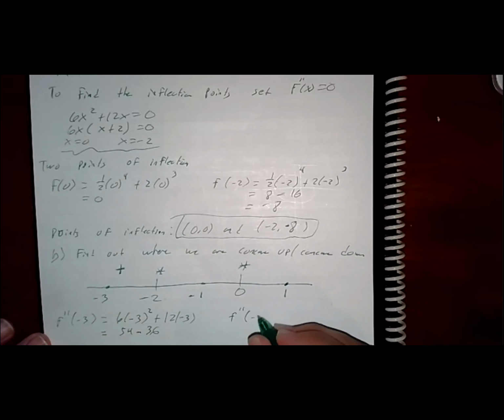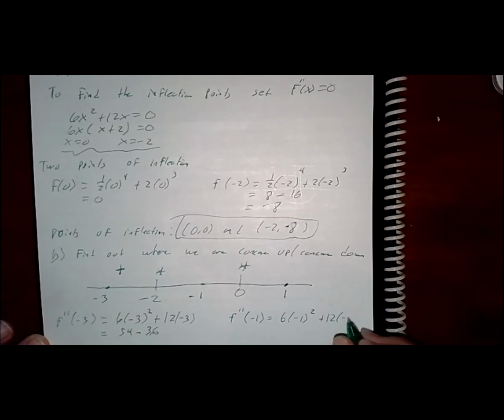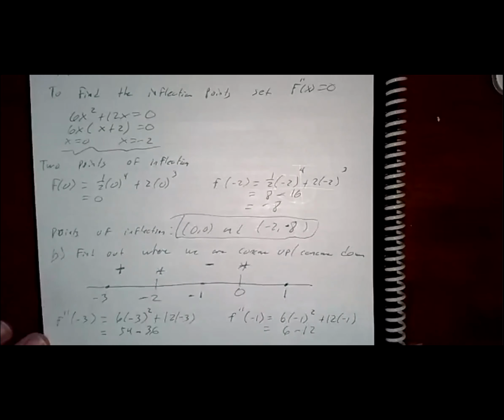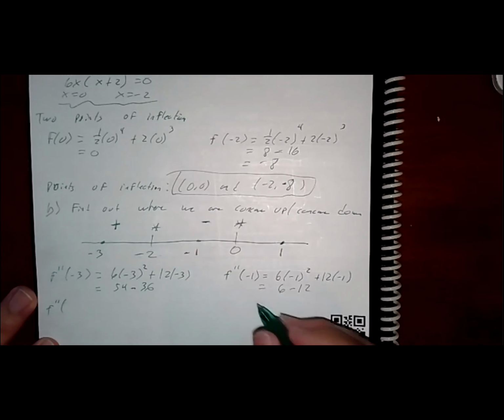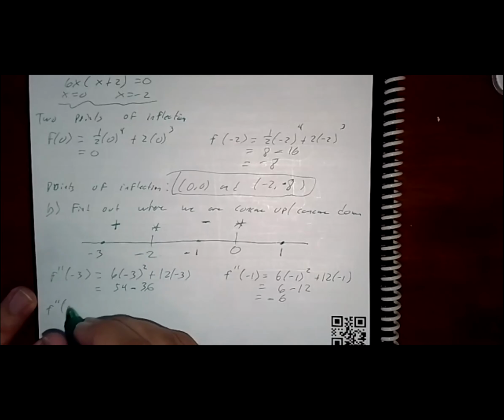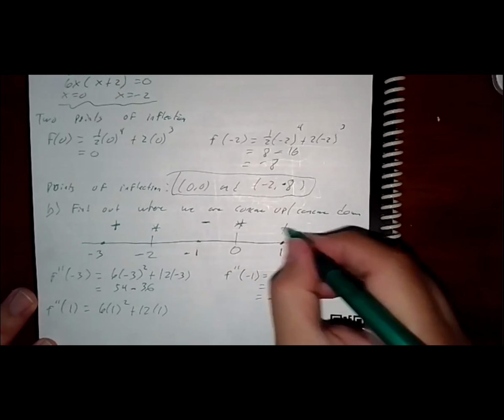The second derivative at -1 will be 6 times -1 squared plus 12 times -1. That's going to be 6 minus 12, so that's going to be negative. The number doesn't matter, just the sign, but we can write it if you want. Now let's plug in the 1. That will be 6 times 1 plus 12 times 1, so that's positive.